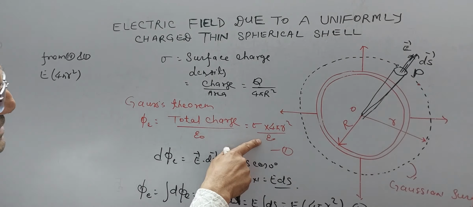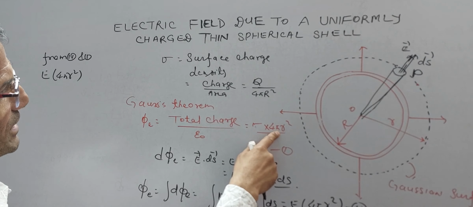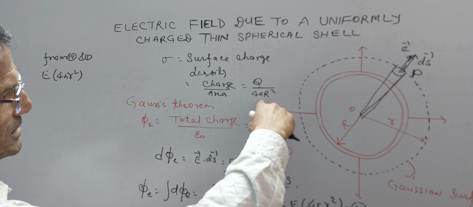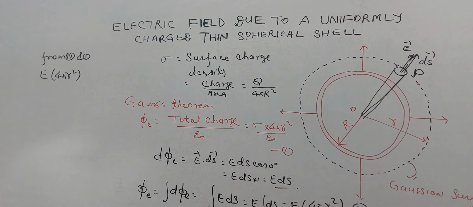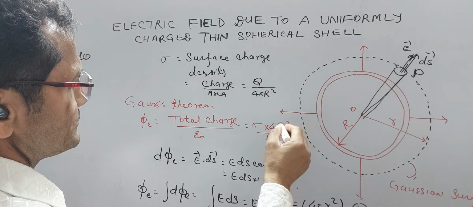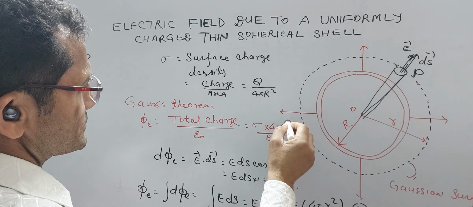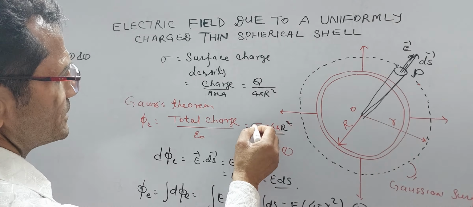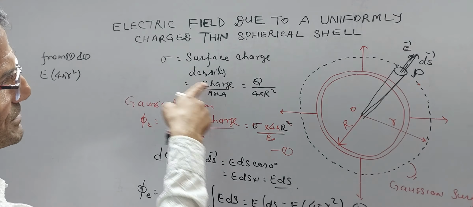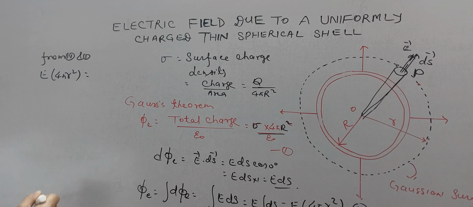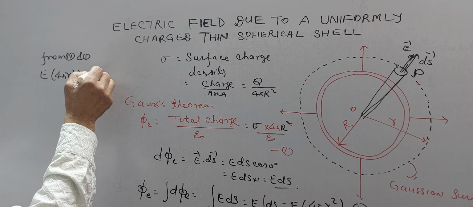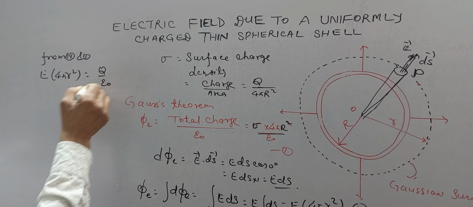Phi is also this one: sigma times 4 pi r square will be capital Q. Now this electric flux comes out capital Q divided by epsilon naught.